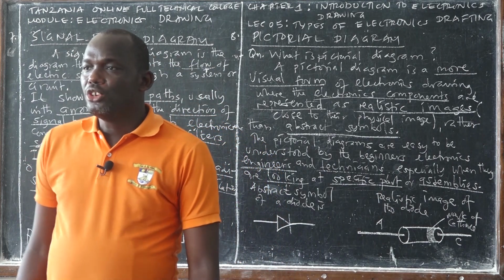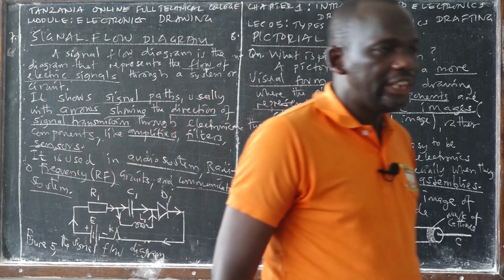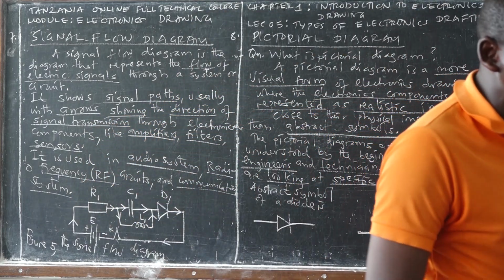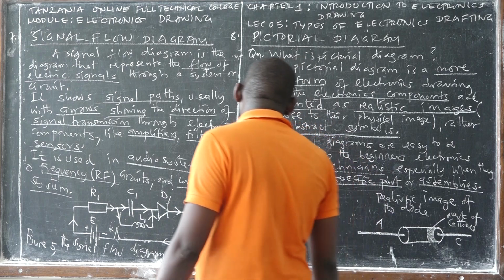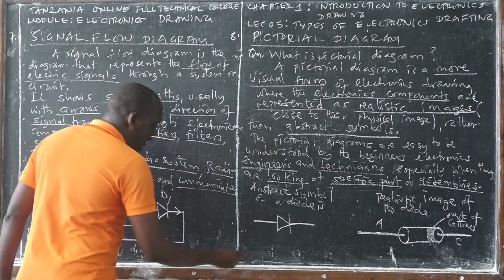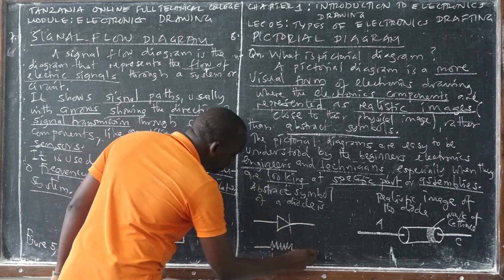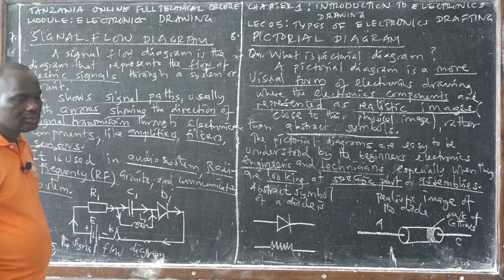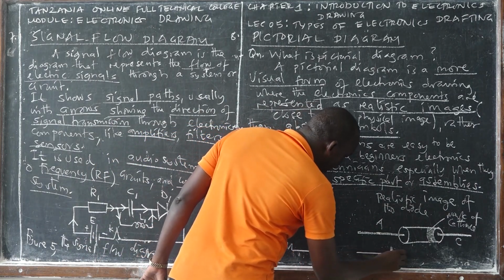Are we together? So a pictorial diagram uses realistic images of electronics components. For instance, another realistic image is that of the resistor. The abstract symbol of a resistor is like this. This is the schematic symbol of a resistor.